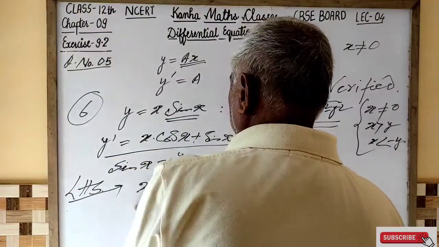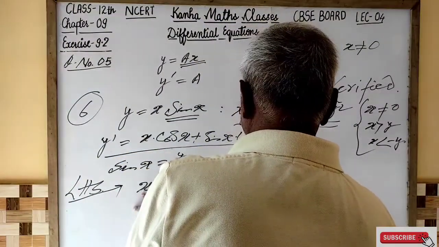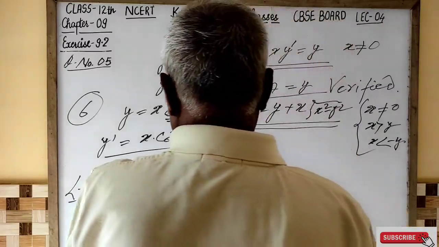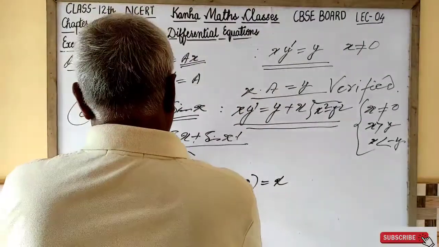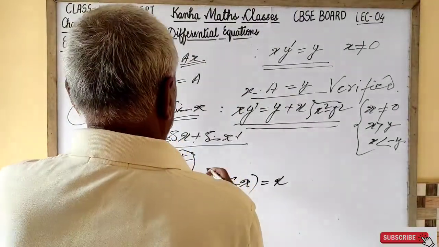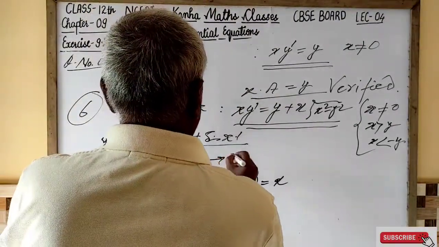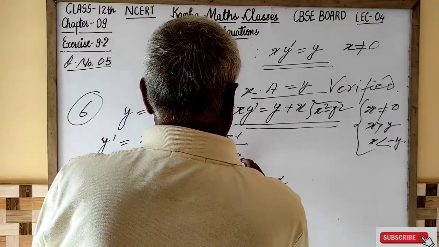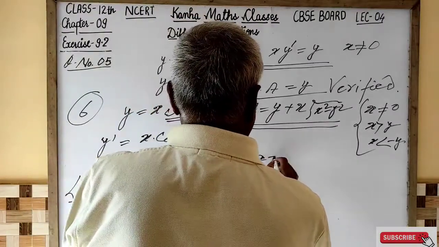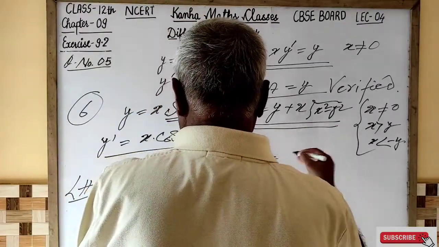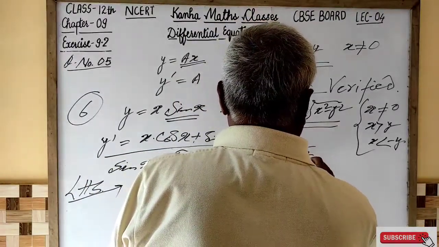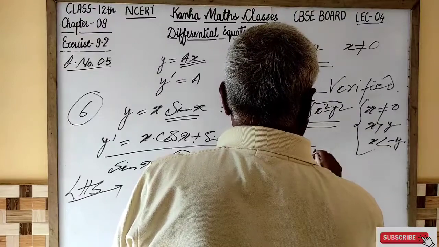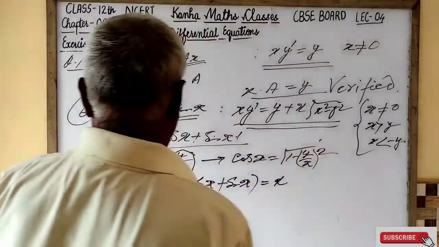Again you will write x, and you have given here sin x equal to y by x. It means you may find out the value of cos x. Cos x is equal to under root 1 minus sin square x, that is under root 1 minus y by x whole square.